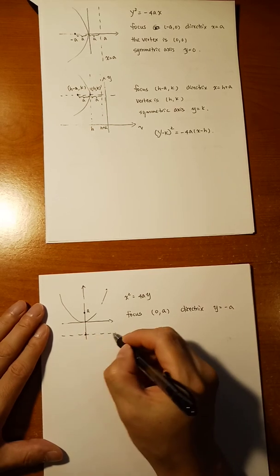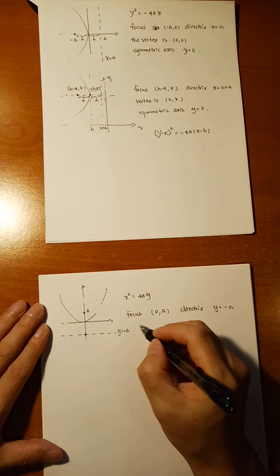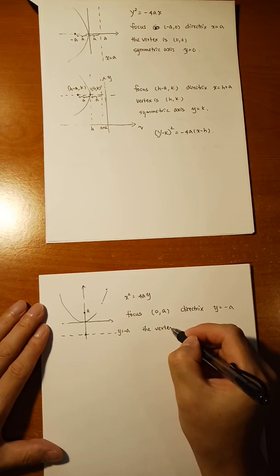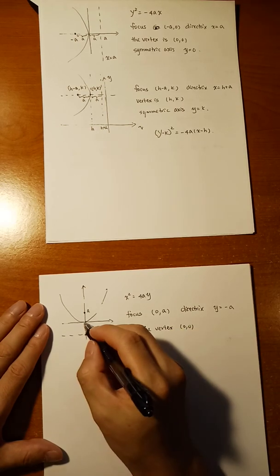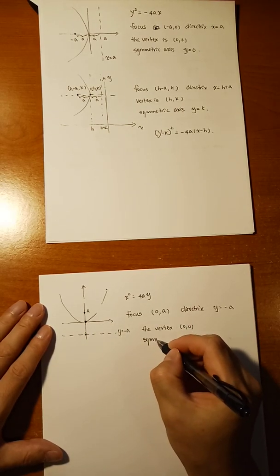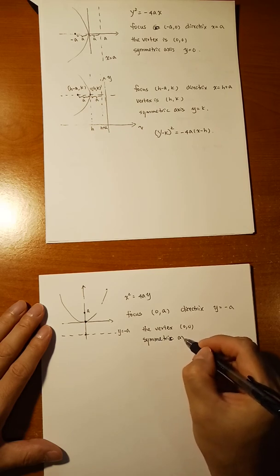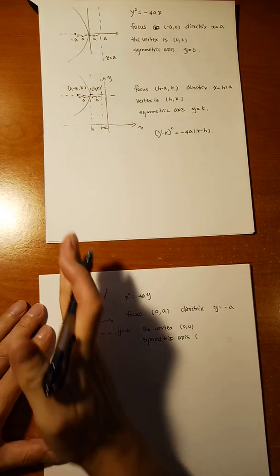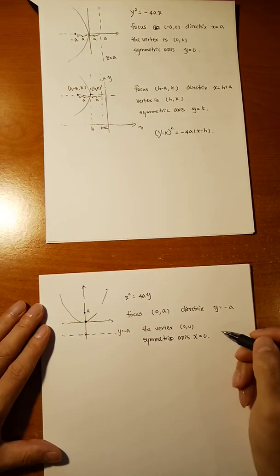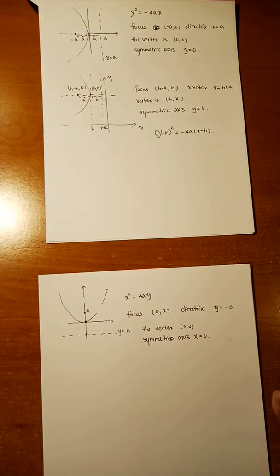This is negative a. The horizontal line, y equal to negative a. The vertex is (0, 0). This is the standard form. And the symmetric axis is the y-axis, x equal to 0. The x-axis is y equal to 0.